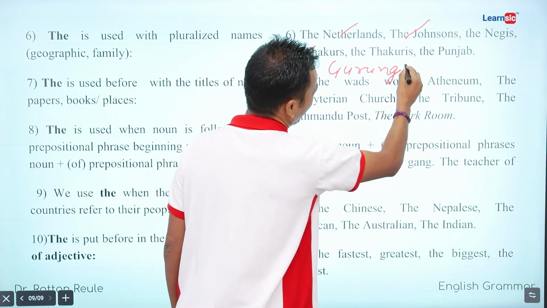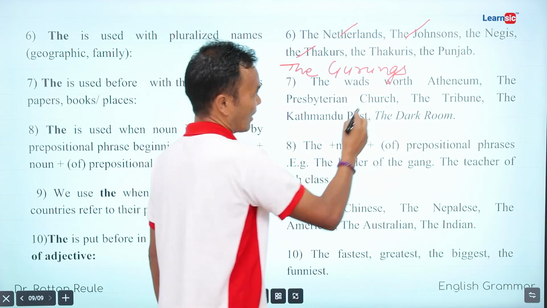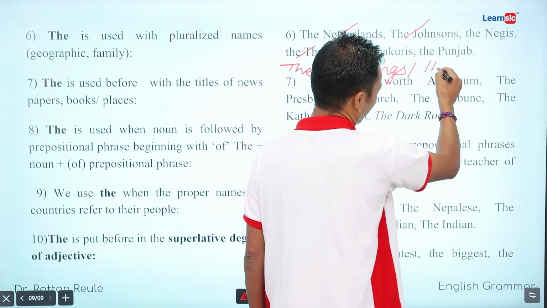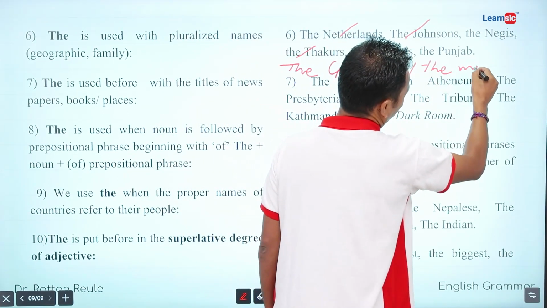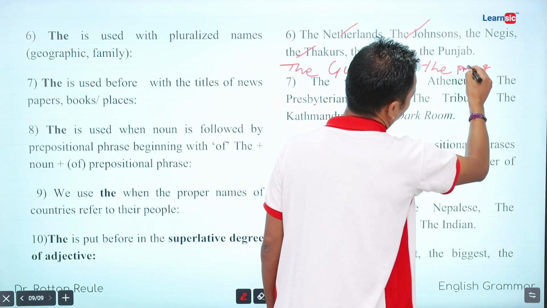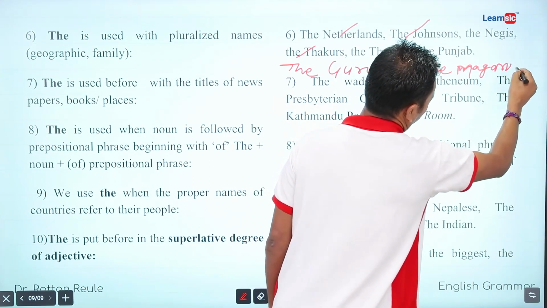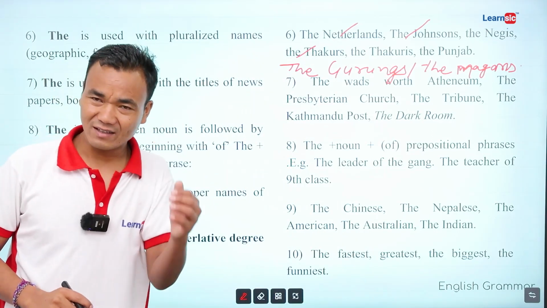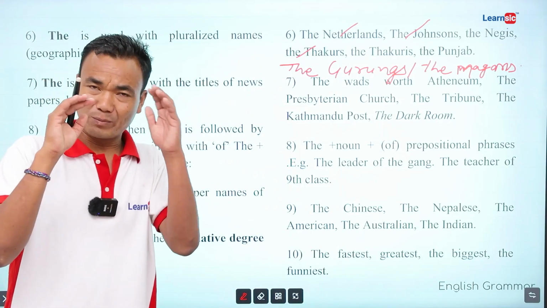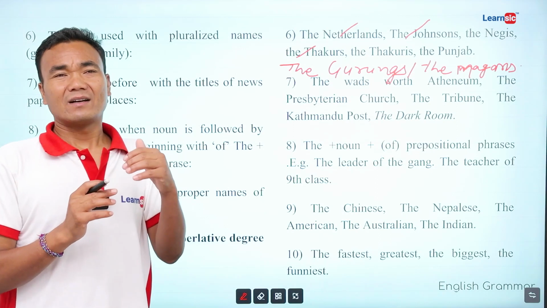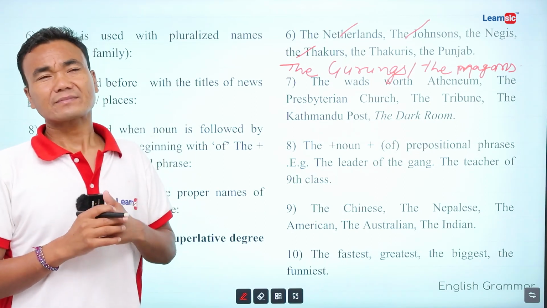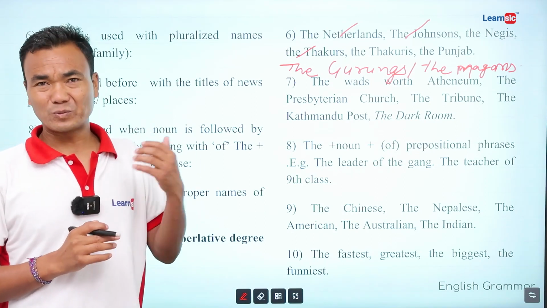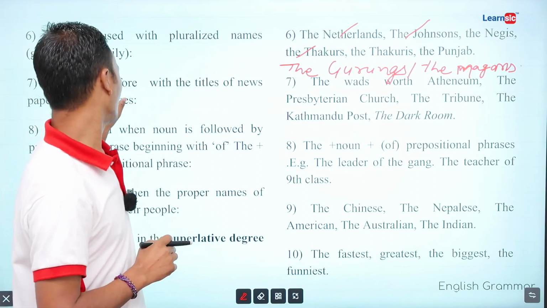So Gurungs, when we write in a plural way, or we have another example, the Muggers. So in a plural way, when we use our family surname, like the Chetris, the Shahas, the Guptas, in that case we use the article, right?